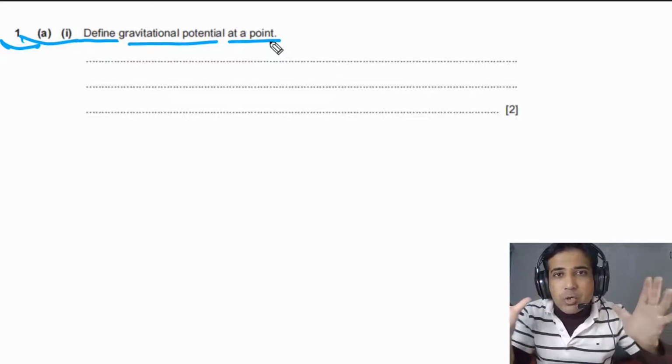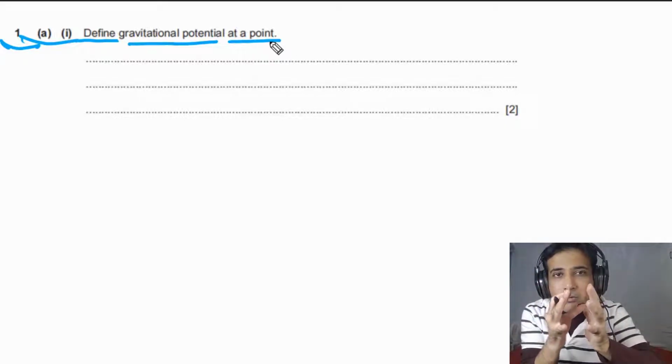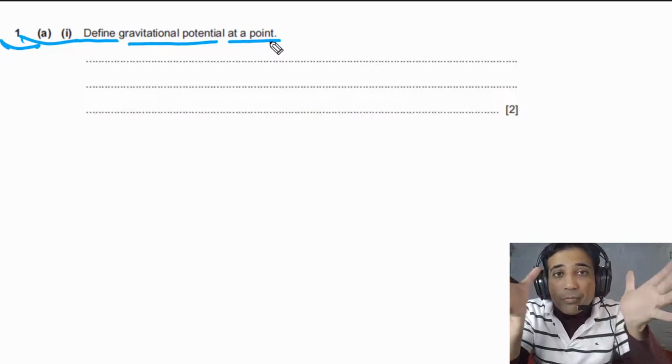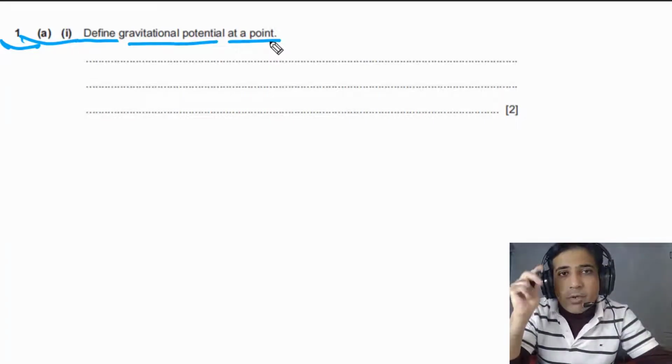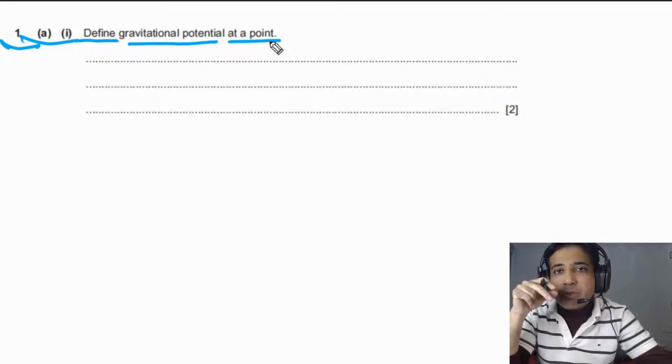So we talk about gravitational potential difference, or electrical potential difference. Now let me explain how we can use the concept of gravitational potential difference to define potential at a point. We will take one point as a reference point, and that point will be infinity.